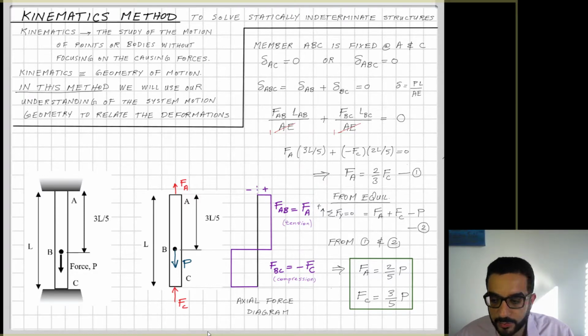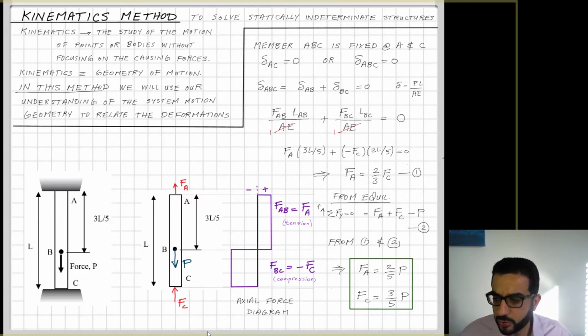The kinematics method will give you the same answer, and you can feel that they apply the same principles. In superposition, I'm respecting that the deformation should equal 0 at the support. Here I'm using the same spirit but putting it in the context of kinematics.